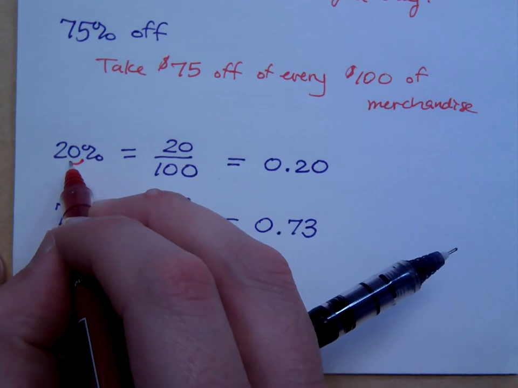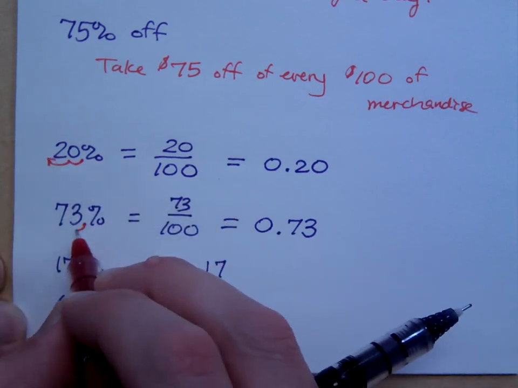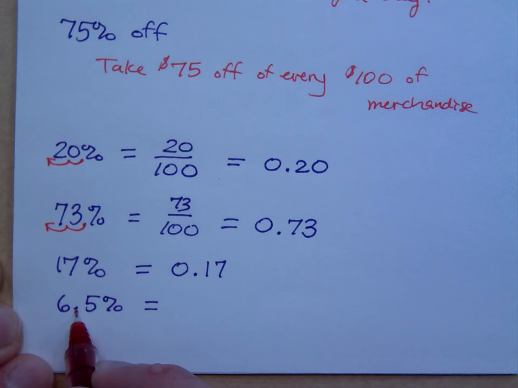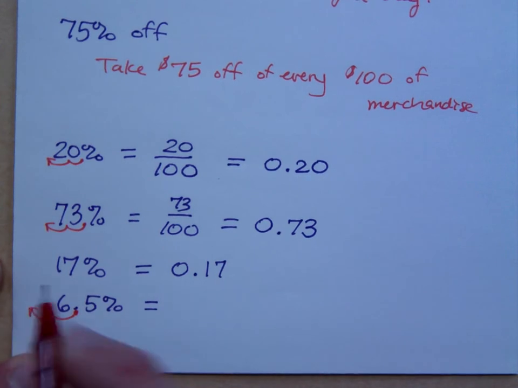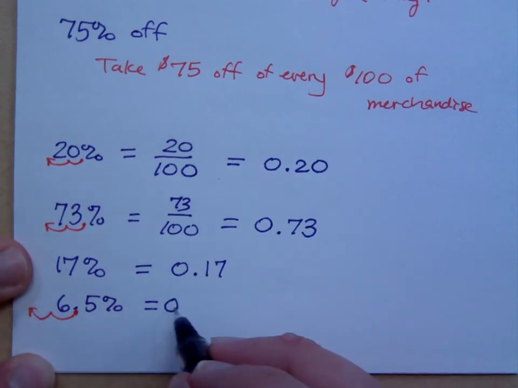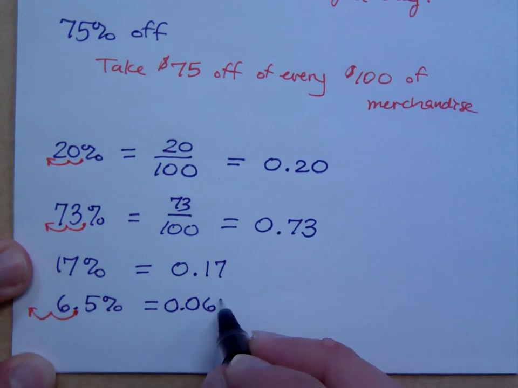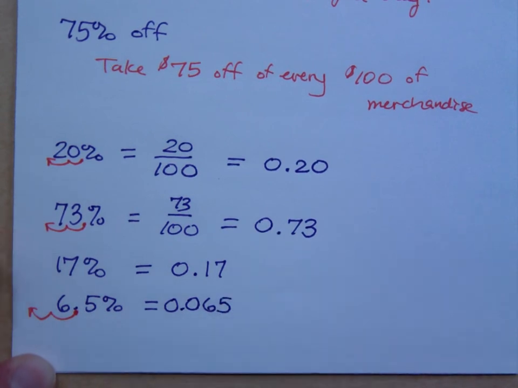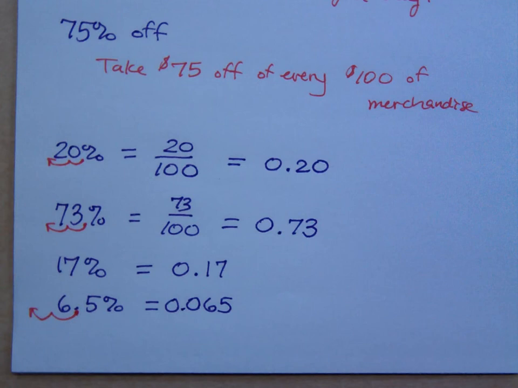You went back 2 places. So you go back 1, 2 places, right? So that's 0.065. If you misplace the decimal, I mean, that could be huge problems. And I'm sure there have been movies made about people putting the decimal in the wrong spot. And then, oh my gosh, how did this happen?